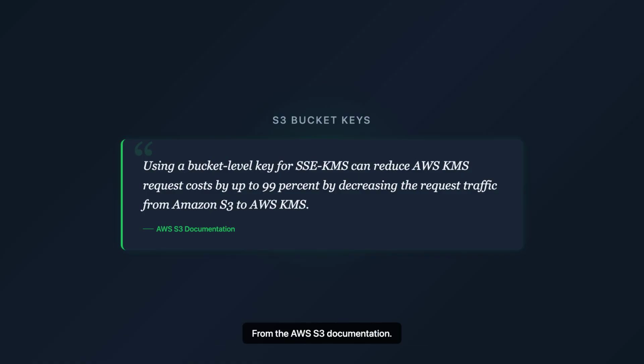From the Amazon Web Services S3 documentation, using a bucket-level key for SSE-KMS can reduce KMS request costs by up to 99%. That single setting turns SSE-KMS from a per-request budget burner into a viable default for high-volume workloads. Keep that in mind for the next question.